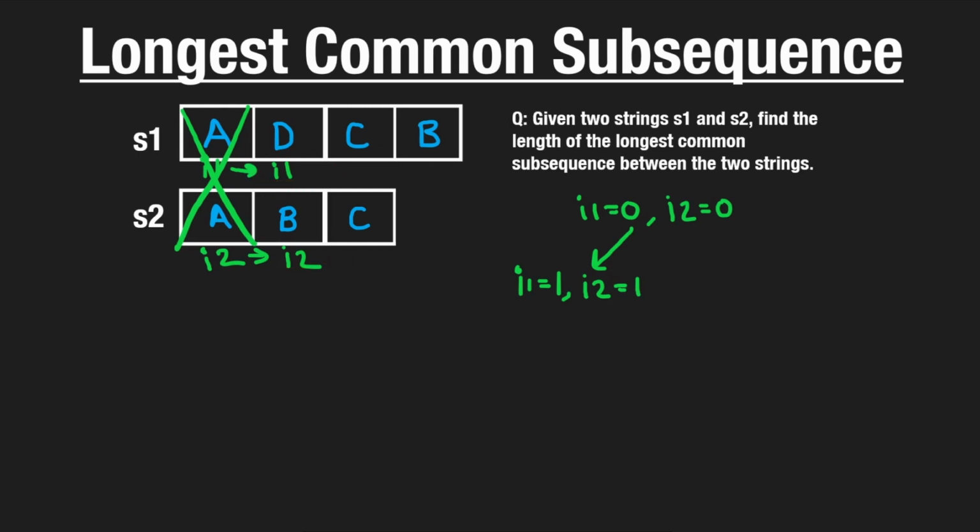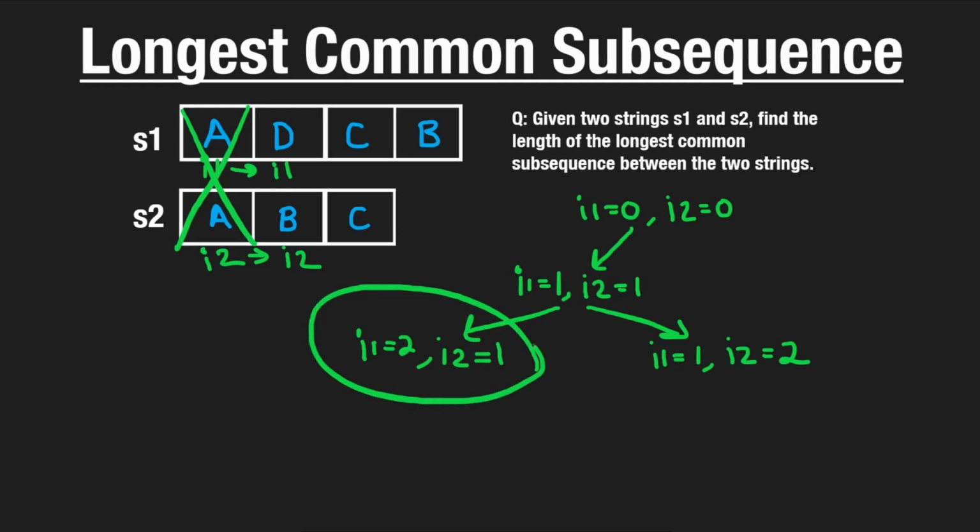And because we don't know which one to increment that's going to result in the longest common subsequence, we try both possibilities. So we try the subproblem where we increment I1, which would mean I1 is going to be set to 2 and I2 is going to be set to 1. We try the other subproblem where I1 stays as 1, and I2 is set to 2.